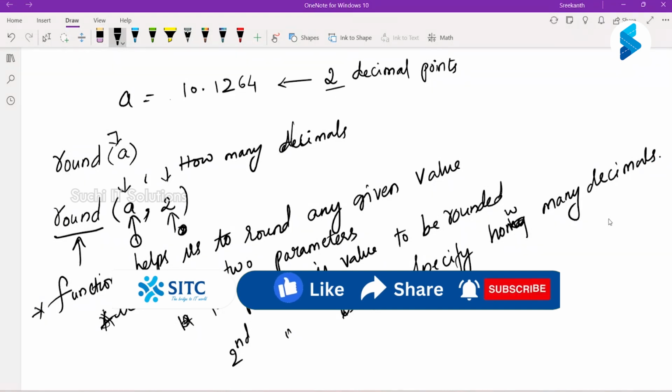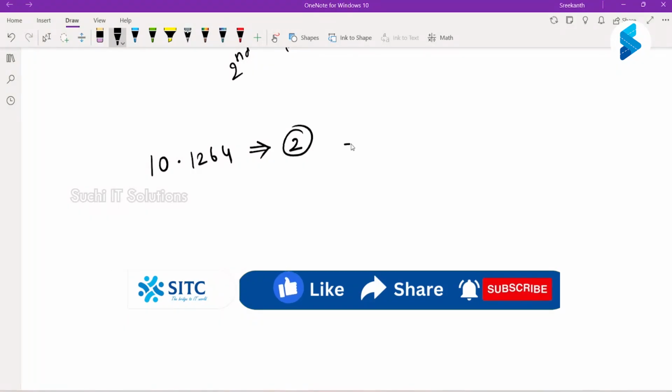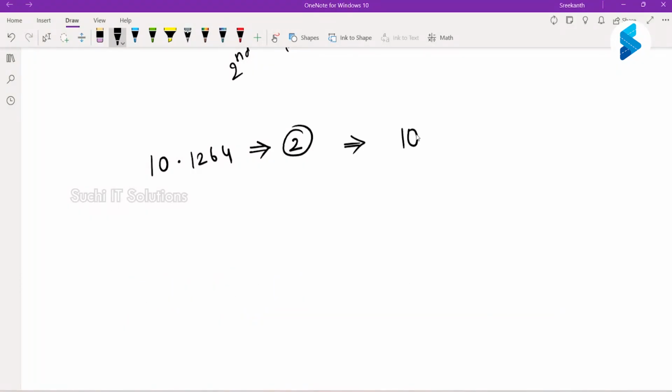Yes, sir. Okay, let us try rounding a few numbers. Let me show one example here. If I have to round 10.1264 to 2 decimal points, the output would be 10.13.